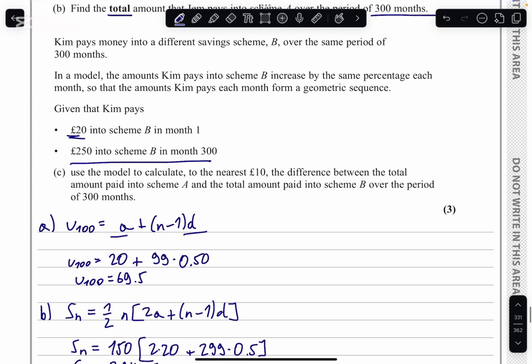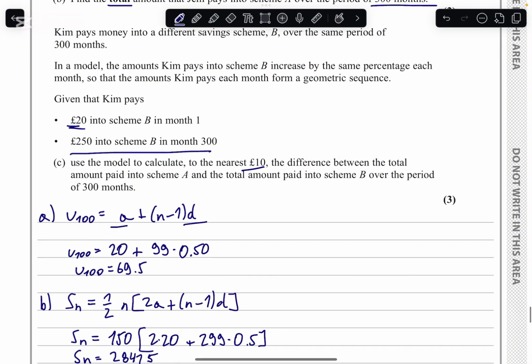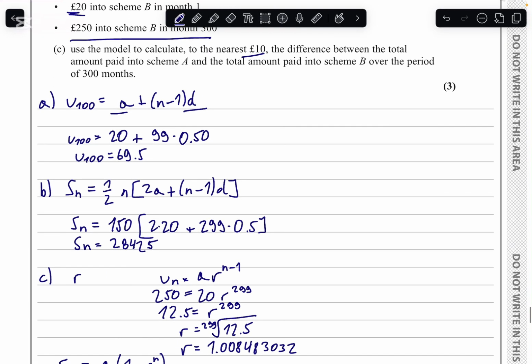And then we go back and read the question again, to see what it wants us to find. We need to find to the nearest £10 the difference between the total amount paid into scheme A and the total amount paid into scheme B over the period of 300 months.